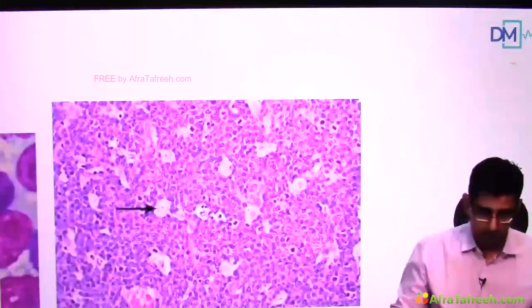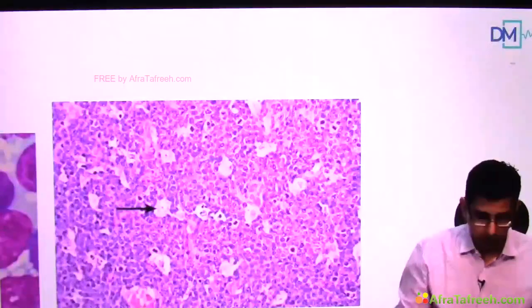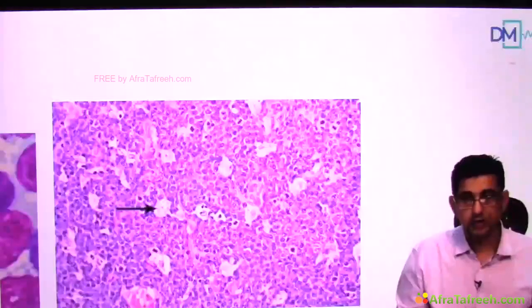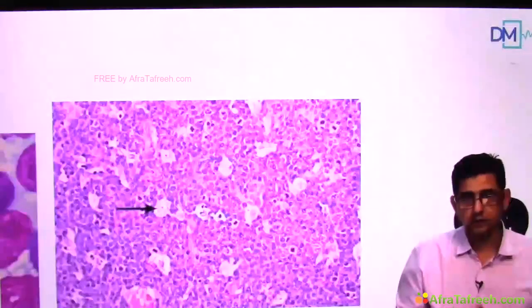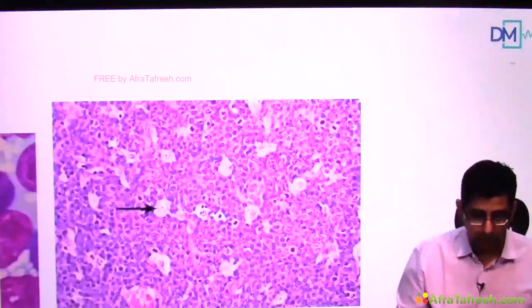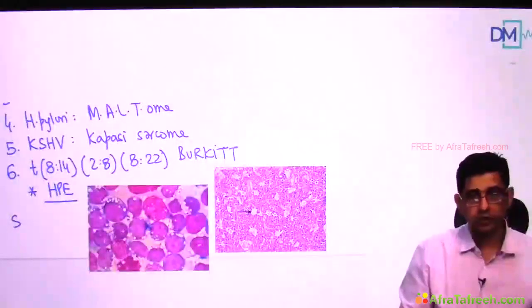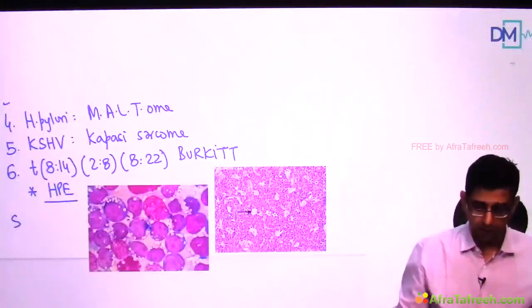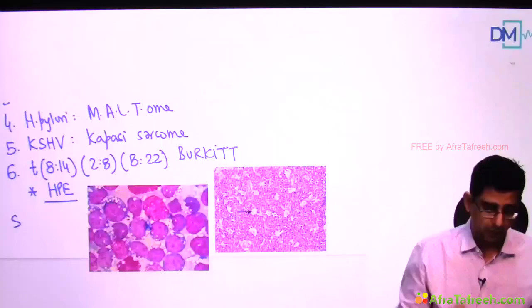You can see sheets and sheets of cells, and between them some clearing inside the cells. I'll say a star is born when there is clearing inside a Burkitt lymphoma cell. This is a relatively more magnified view. You can see the classical starry sky appearance, and the clearing inside the cell gives a starry sky appearance in the patient.